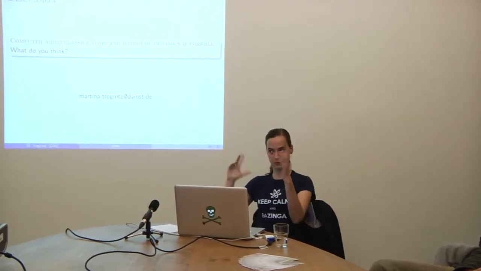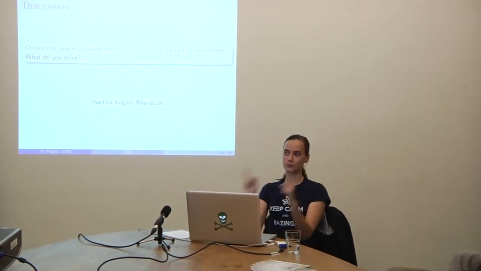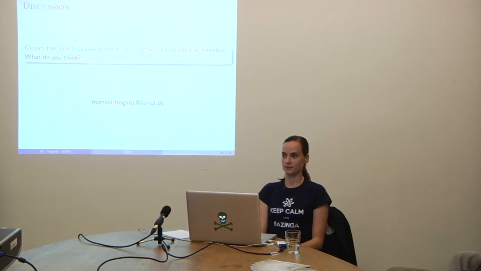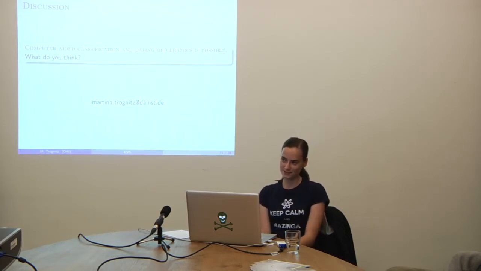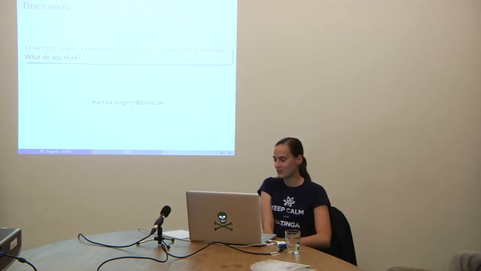If you take four experts and try to put all their knowledge in one expert system, they would end up in quarrels and discussions, because even experts don't always agree. This is archaeology. Well, it's not only archaeology.